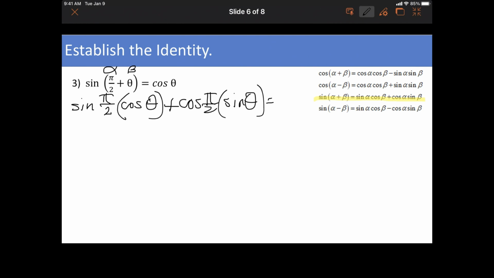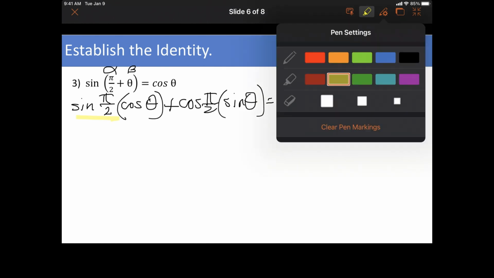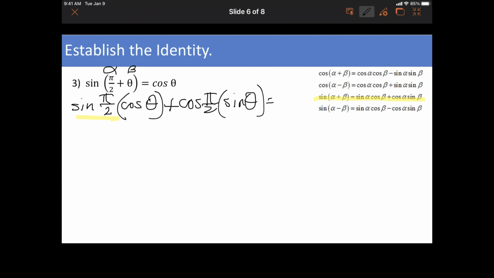Okay. Now, I can evaluate this. I can actually find the value of it. Writing our point, pi over 2 is here. This is 0, 1. This is our sine, and this is our cosine. So sine of pi over 2 is 1 times cosine theta.